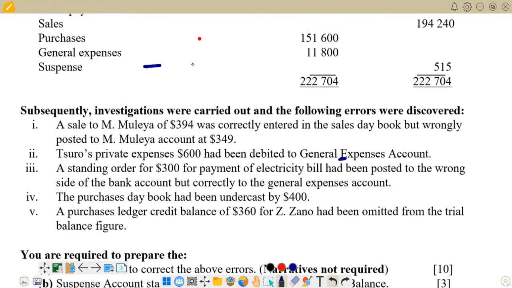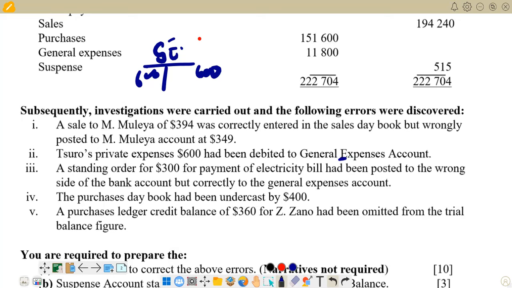So the scenario that we have is that on the general expenses account, we have an amount of 600 on the debit side. So to remove it, we go to the credit side and put it there. We are removing it, and then we enter it now in the correct account, which is the drawings account. And then we open a drawings account now. Then we debit this 600.